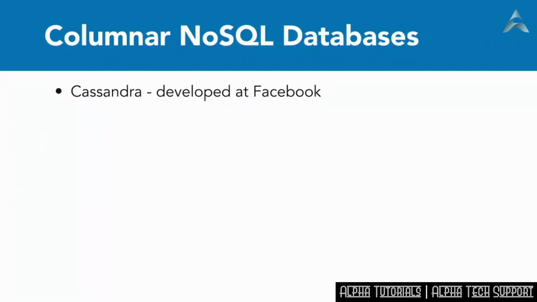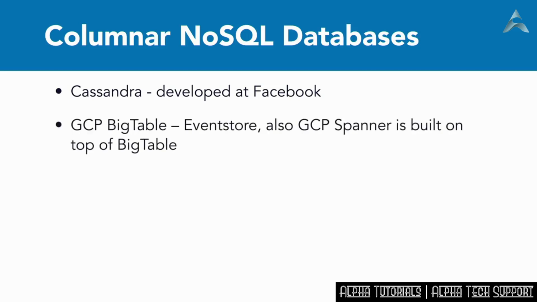So some examples of columnar NoSQL databases are, as I mentioned, Cassandra, which was developed at Facebook and then open sourced and took a kind of familiar route, like Redis and Mongo and some of the other big open source NoSQL databases. There's a free version and there's a commercial version. Google Bigtable, which is sometimes called an events store, is Google's columnar NoSQL database service on their GCP platform.